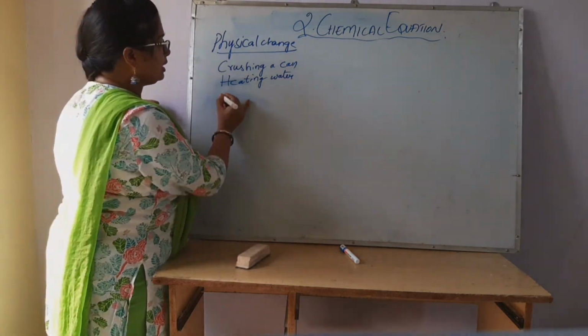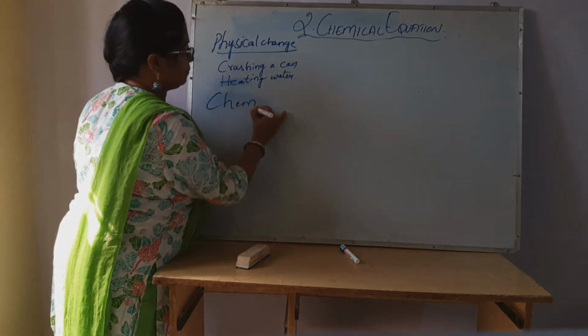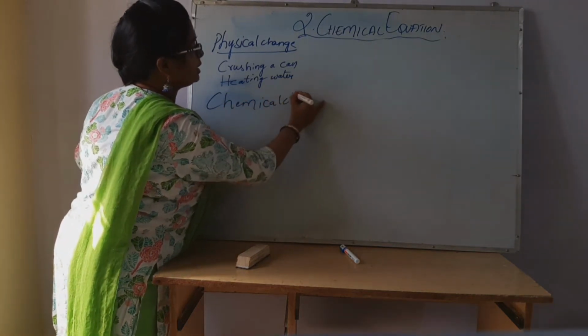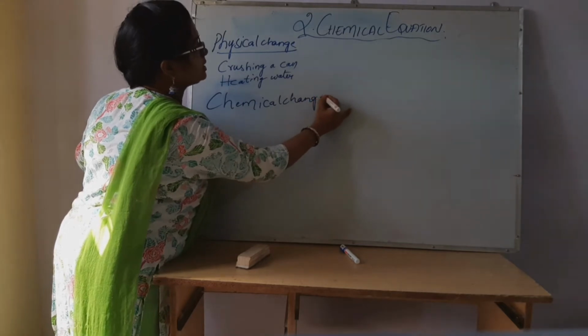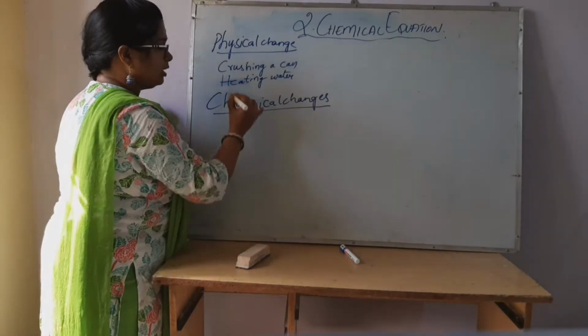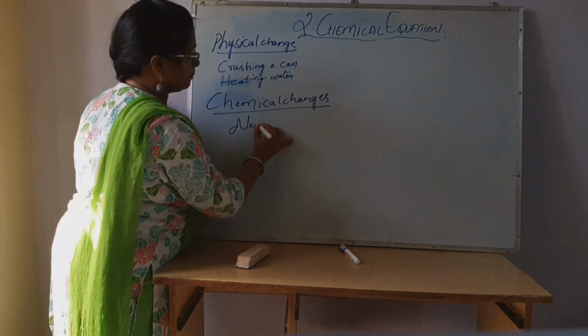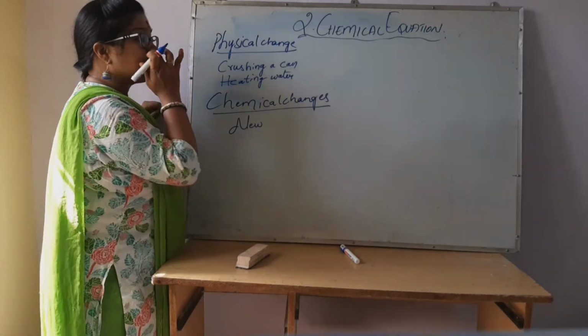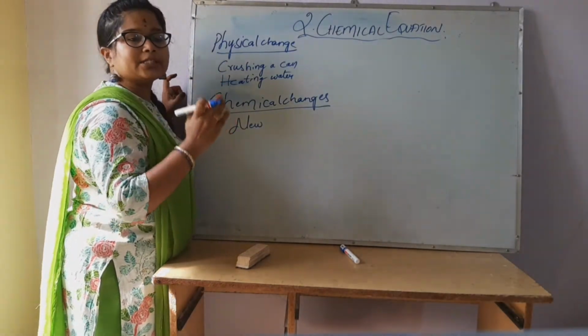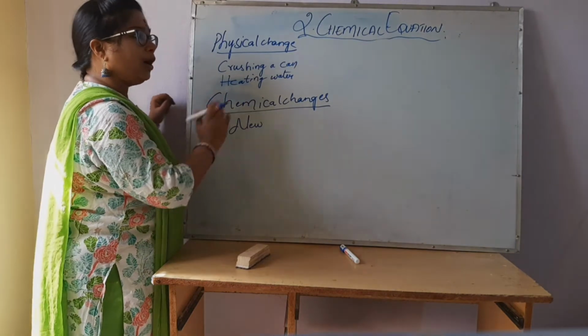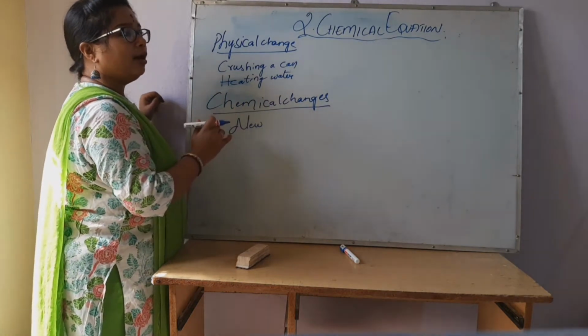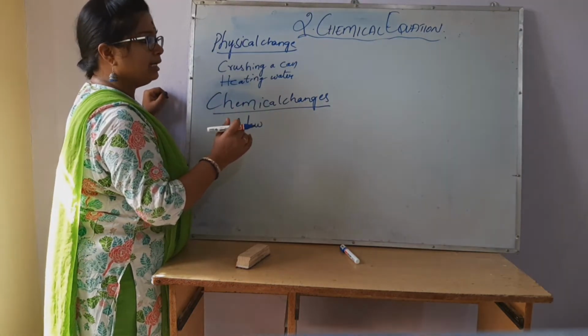Next, what are chemical changes? Chemical changes are those in which a new substance is formed, which can be the same as or different from the substances that participated in the reaction.